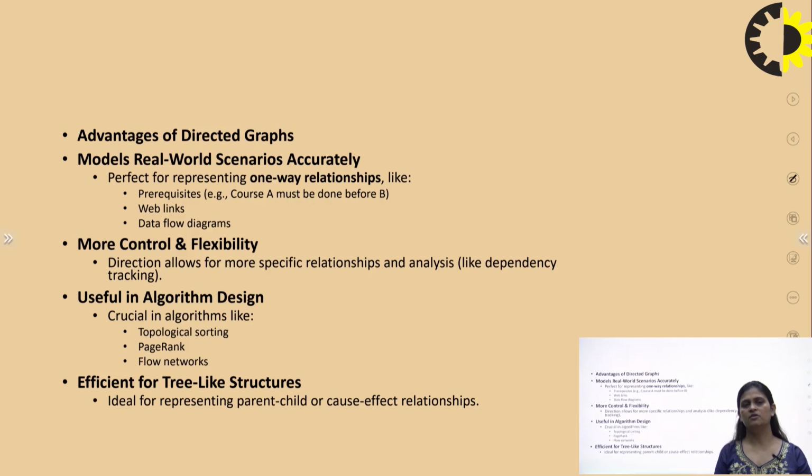They are useful in algorithm design, crucial in algorithms like topological sorting, PageRank, and flow networks. The last advantage is that they are efficient for tree-like structures, ideal for representing parent-child or cause-effect relationships.